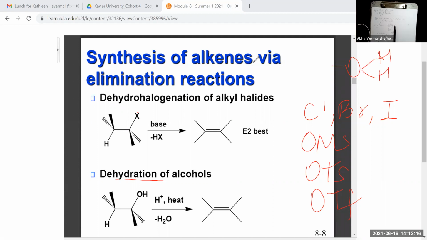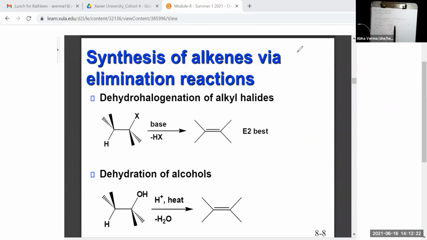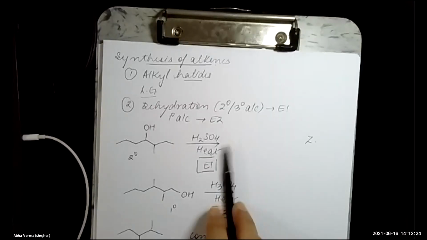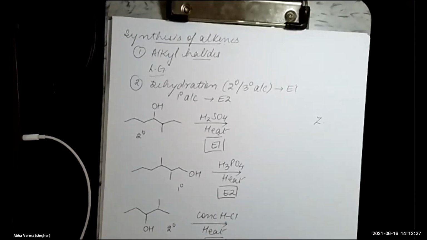The water molecule is going to be your leaving group. So let me quickly do a mechanism which will help you see better. Let's see, here's the example.